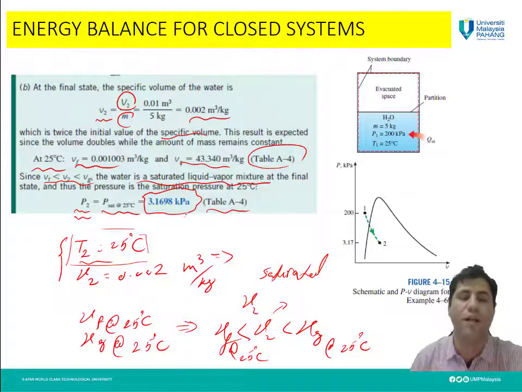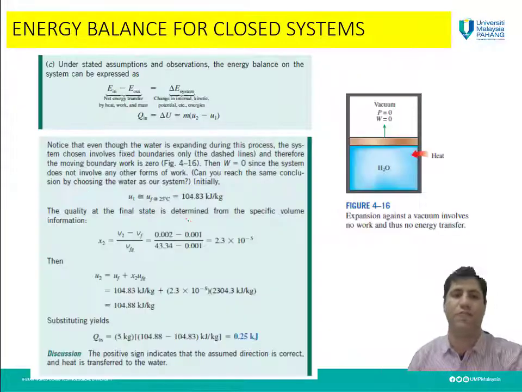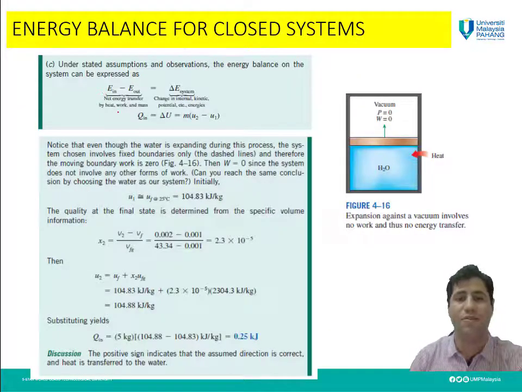So the final pressure will be 3.1698 kilopascal. Here you can see we can simply find the final pressure. Part C is a little more complex than parts A and B. In this part, we are going to calculate the heat transfer of the system which we have selected.